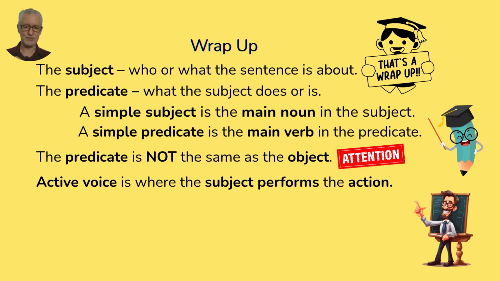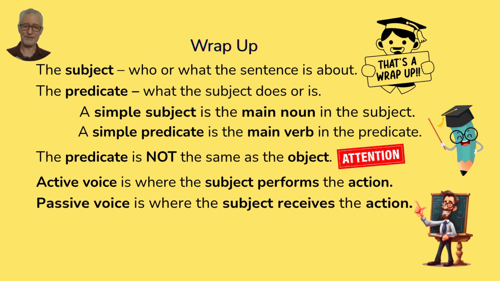Active voice is where the subject performs the action. Passive voice is where the subject receives the action. In our example, we had the dog chasing the cat, which is active voice because the subject is doing the action of chasing. And then we had the cat was being chased by the dog. So we have the subject receiving the action, being chased by the object.